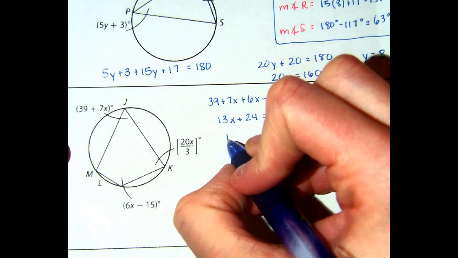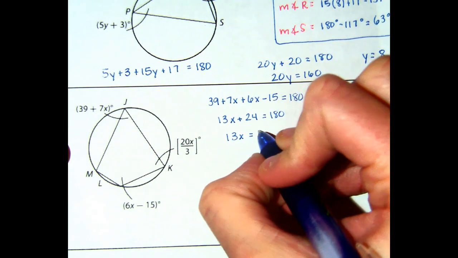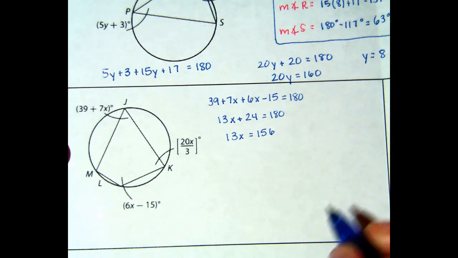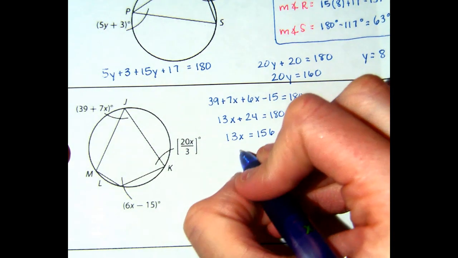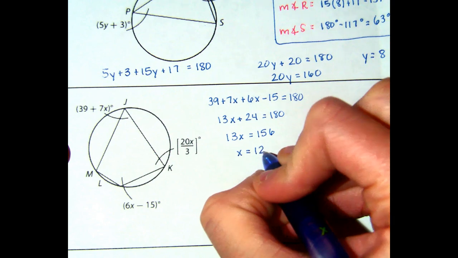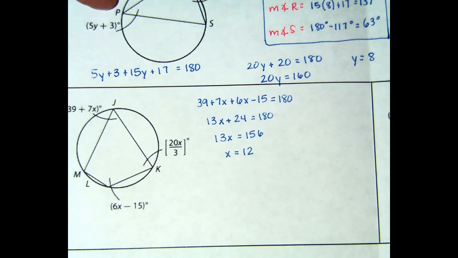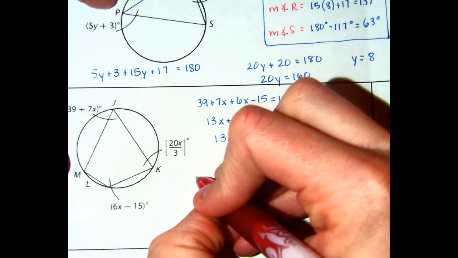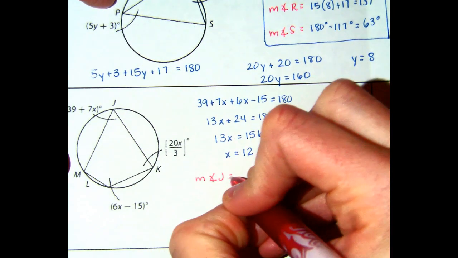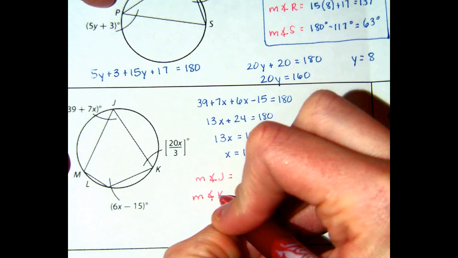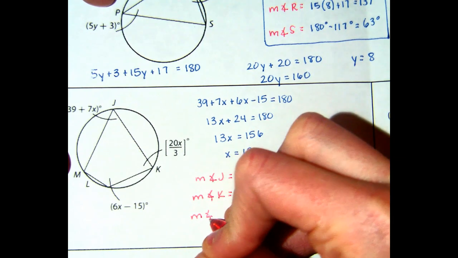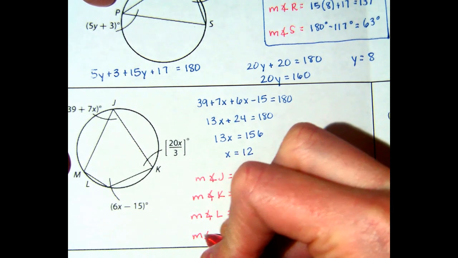Subtract 24 from 180, and you get 13x equals 156. Divide by 13, you get x equals 12. Next we have to plug it back in. We're still just looking for the measures of the angles: the measure of angle J, K, L, and M.